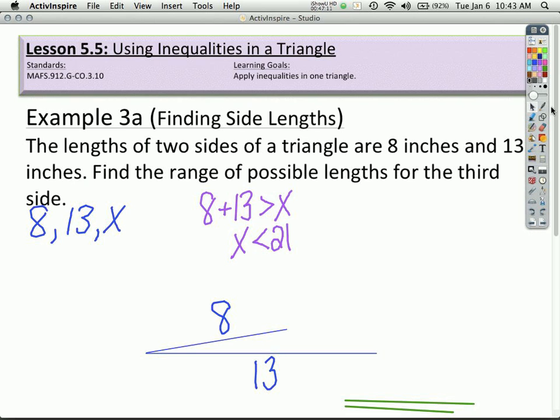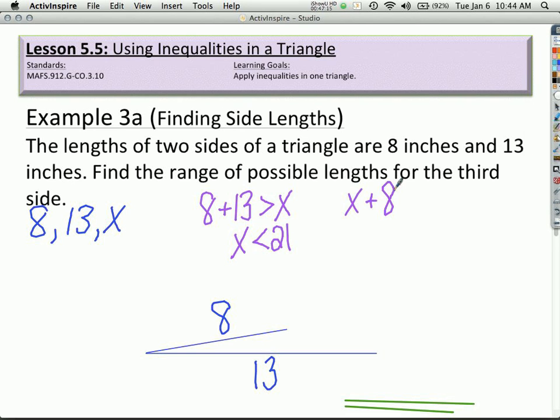Well, then we would have x plus 8, and that would have to be greater than the 13. That's if the x is the smallest.